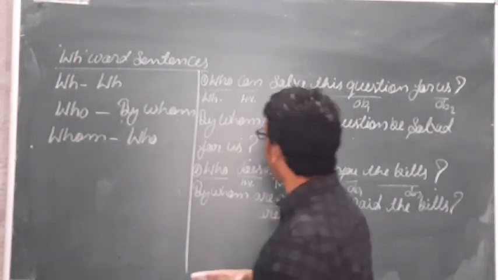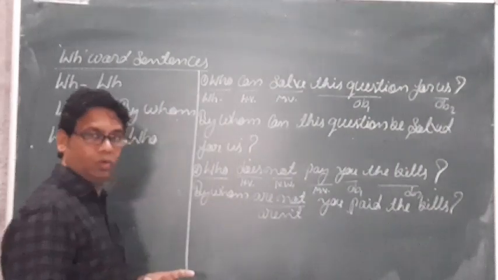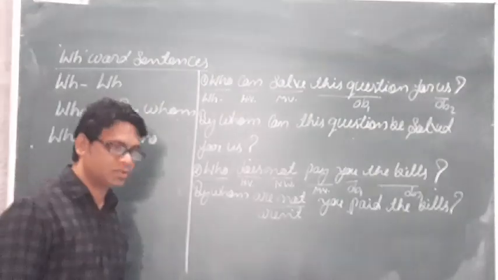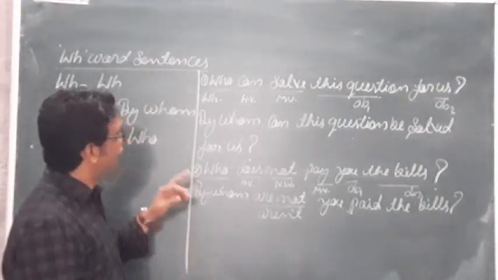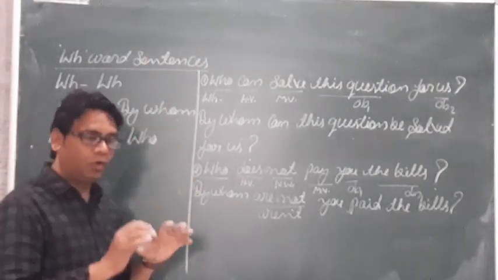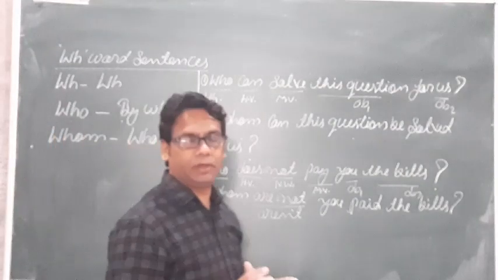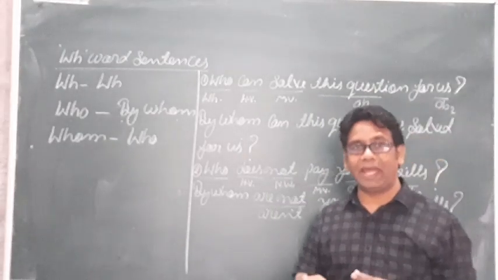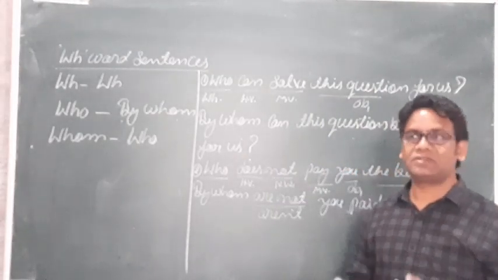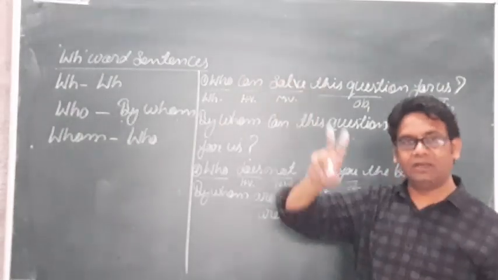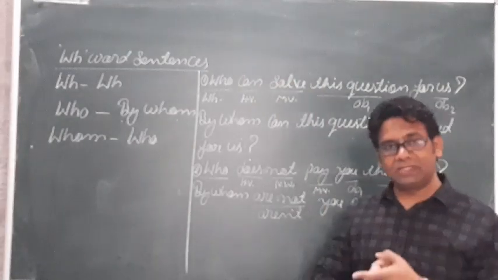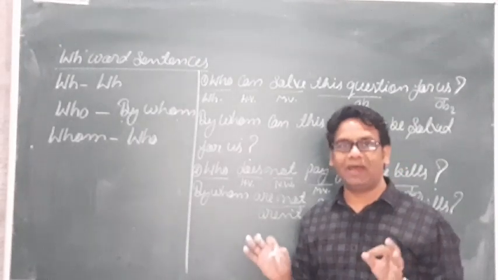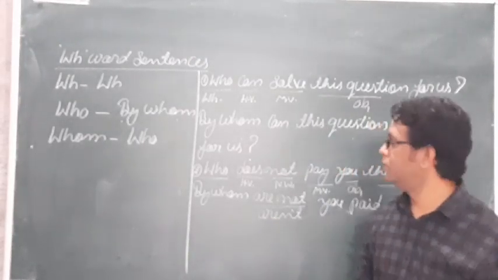Okay. So I repeat some instructions again for you. First, we will not be given any subject when we solve any sentence which starts from who. Second, in present simple and past simple tense, we will not have any helping verb.